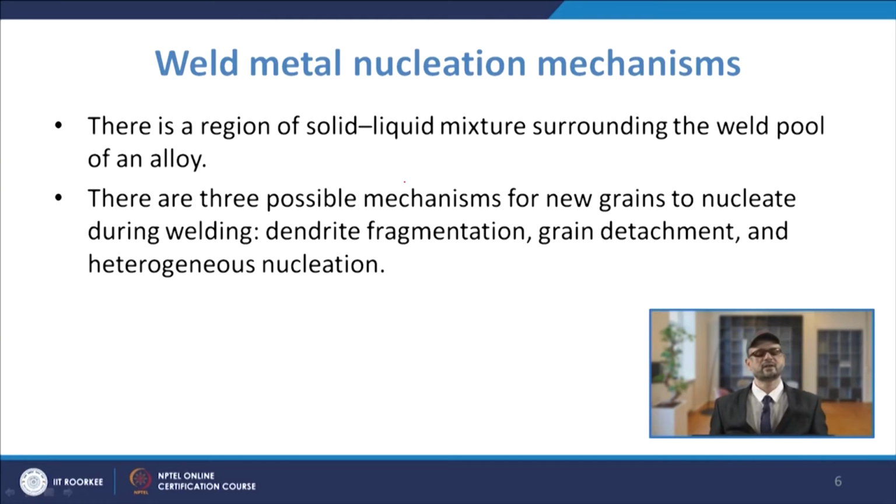As we know, there is a region of solid liquid mixture in the case of welding. When we talk about alloys, you have a region of mushy zone, which has both solid and liquid regions.